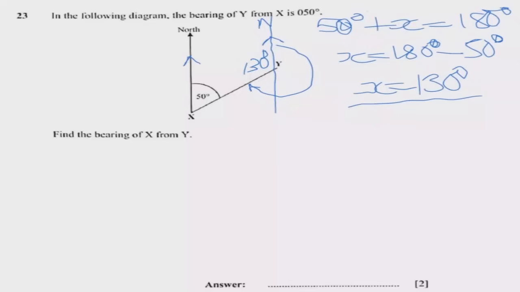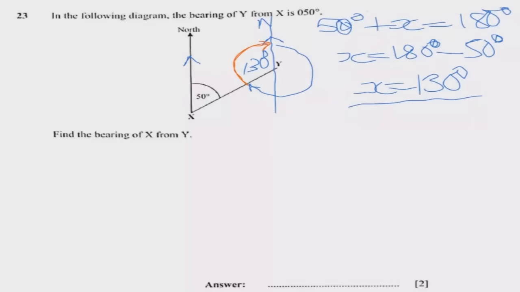Okay, so now I remember earlier on I said we are going to use the property which is angles on a point add up to 360 degrees. Now, since we have found this angle, remember this angle is completing the whole turn.